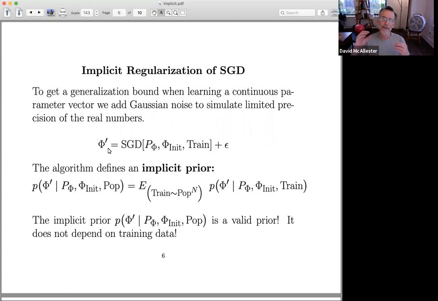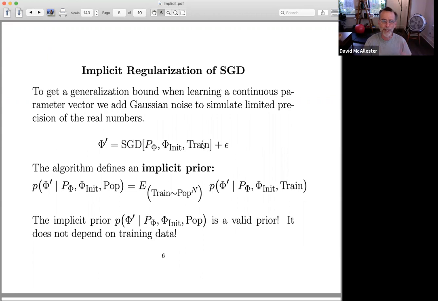But then, since we're learning a point in a continuous space, we have to use the Pac-Bayes version that's capable of handling continuous spaces. And we can do that by taking the parameter vector we learn, the result of SGD, and adding some Gaussian noise. When we add some Gaussian noise, that's intuitively like limiting the precision.